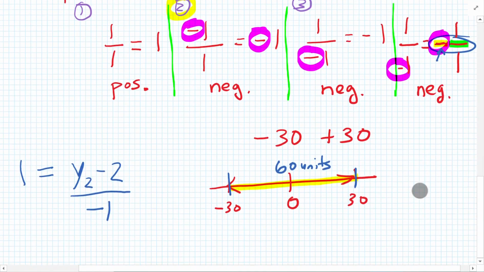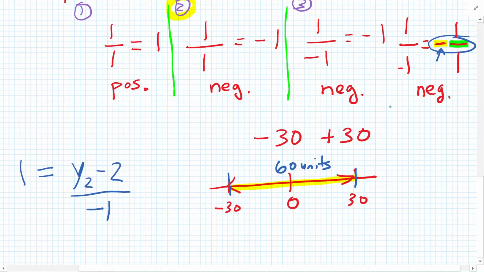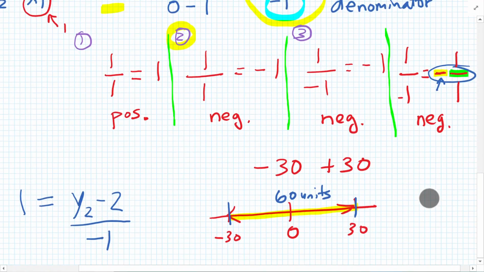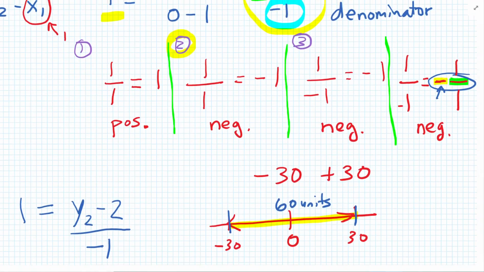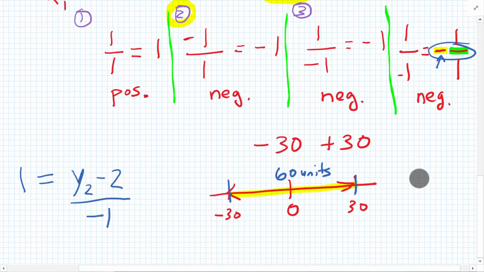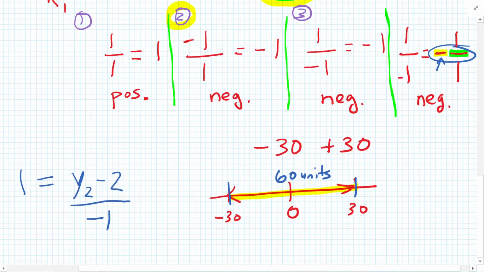Remember what I was going over earlier? Let me get rid of these little purple highlights so you can see a little bit better. Negative 1 in... I lost my negative sign too. Negative 1 can also be expressed as 1 over 1 with the sign in a different location.